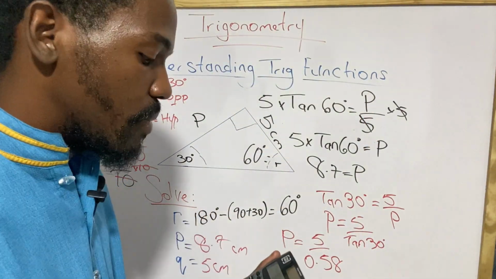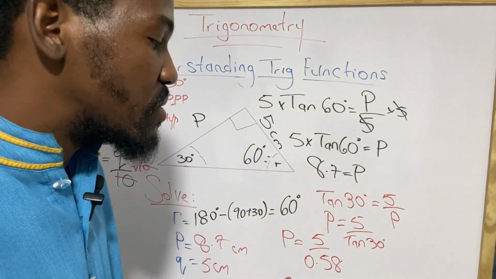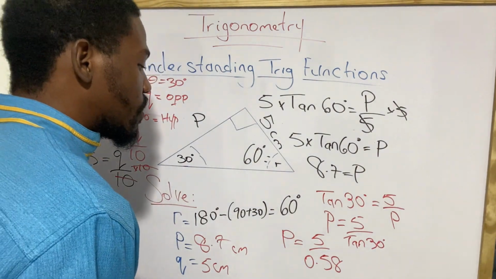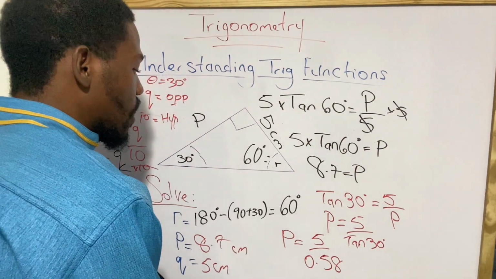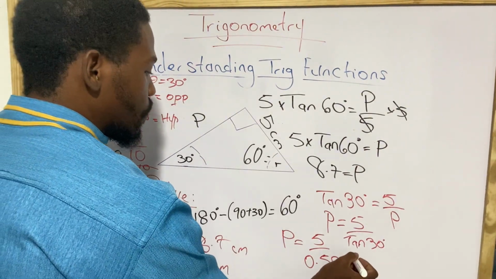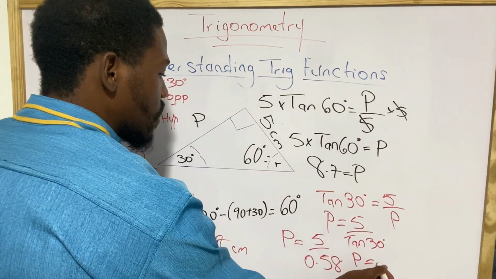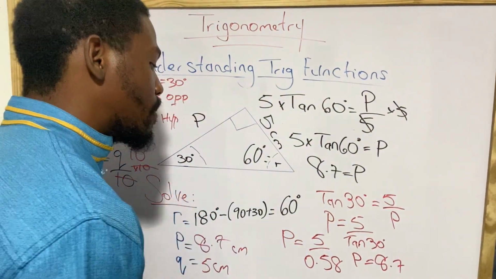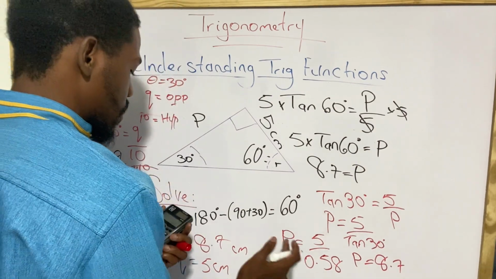So we got 8.6. Because we rounded it off, that's why there's the whole thing about the decimals. If you were to keep the values, you would have gotten it more accurately. So basically, we see here that P equals about 8.7.